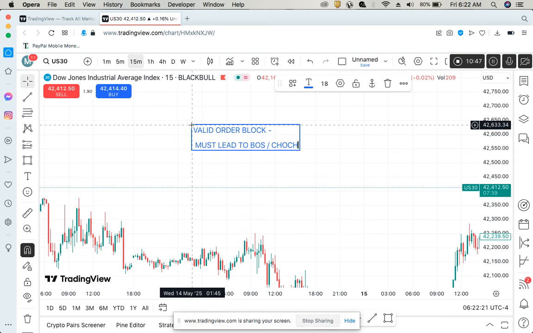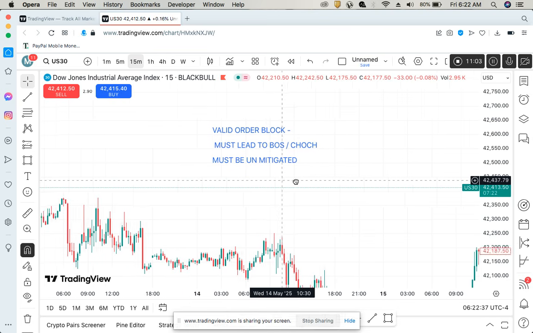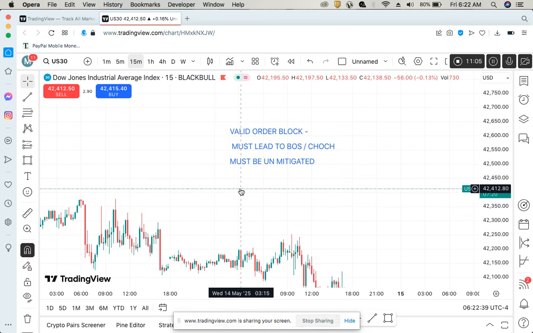Change of character. You see, it must be unmitigated. So the order block must not have been used before. If it has to be high probability, it must not be mitigated. So it must be unmitigated.